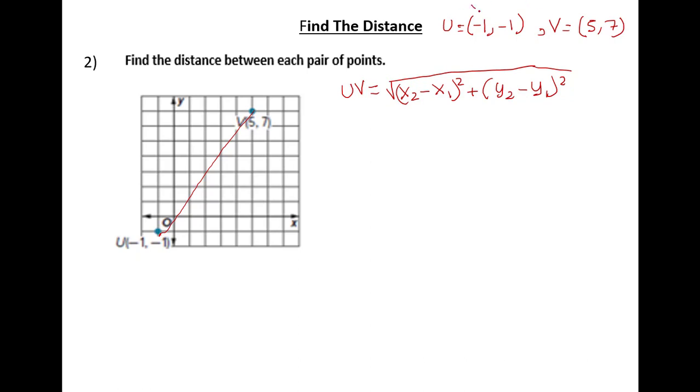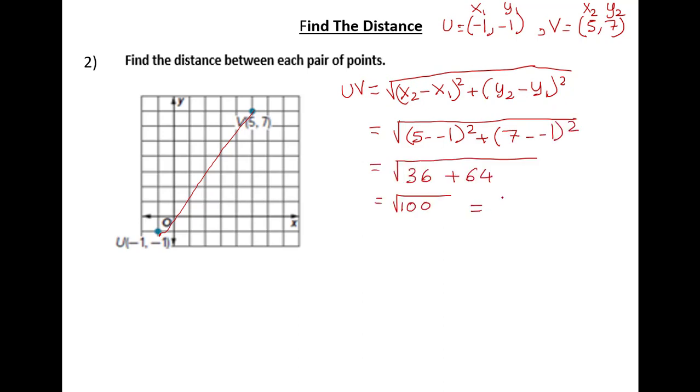So this is my x1, y1, and this is my x2, y2. So I have x2, 5, minus x1, -1, all squared, plus y2, which is 7, minus -1, all squared, which is equal to 10.